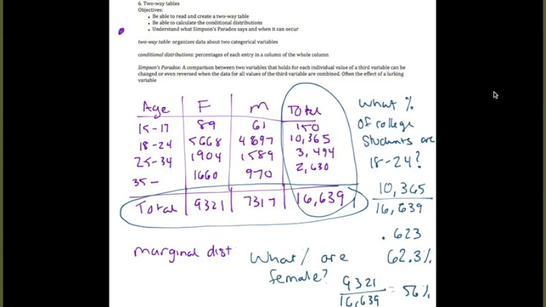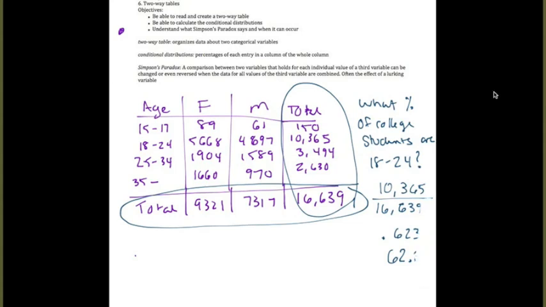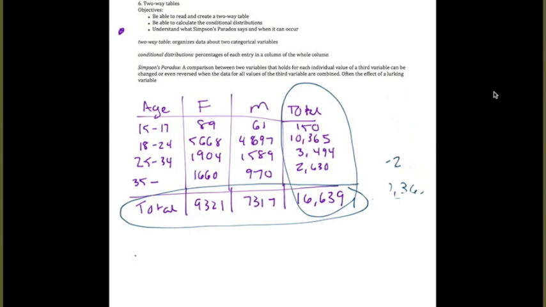With marginal, we're looking at the margins to do our division, so a total divided by the total. When we talk about conditionals, we take an individual data entry divided by an individual total, not the grand total.